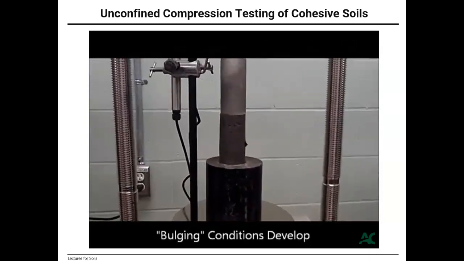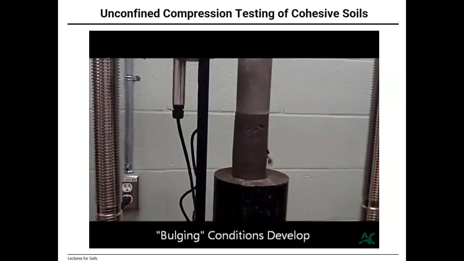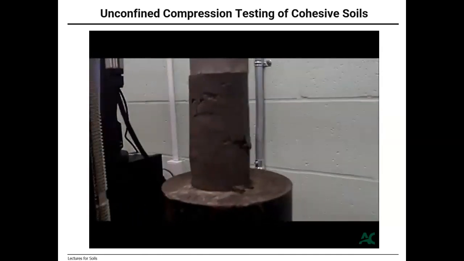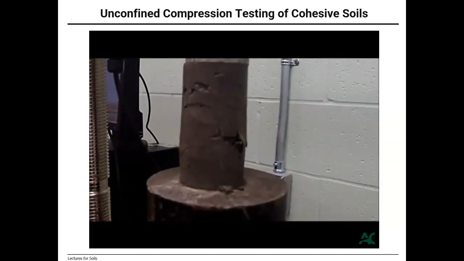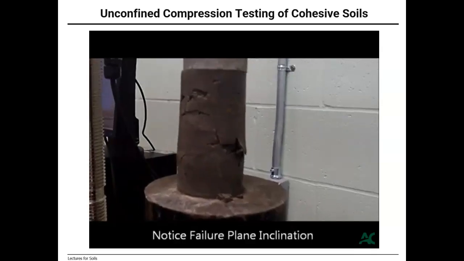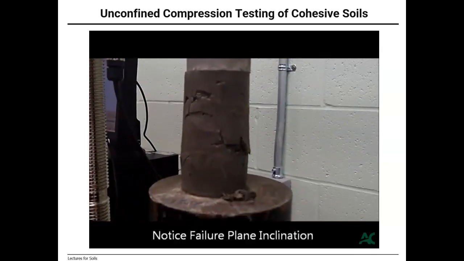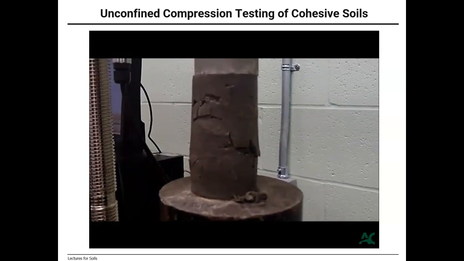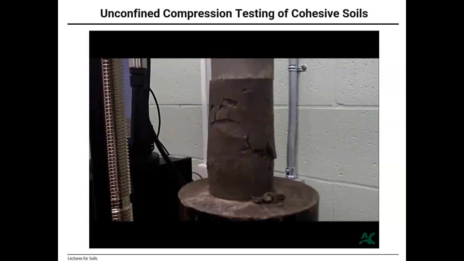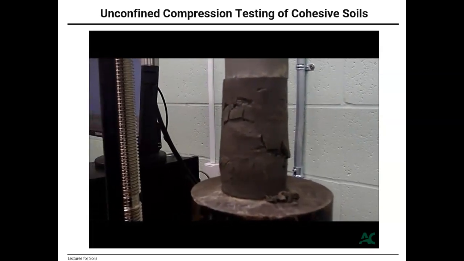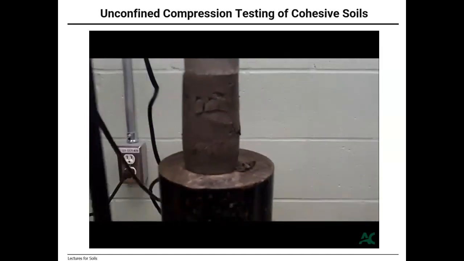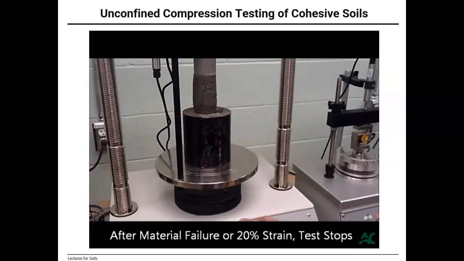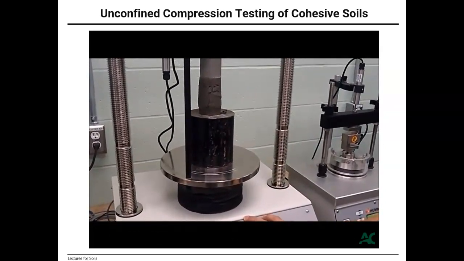Compressive load is applied to the soil sample until failure of the sample. We record the load that is applied and the deformation caused by that load, and then we can make the stress strain curve for our soil sample and also find the unconfined compressive strength, which is basically the maximum strength.